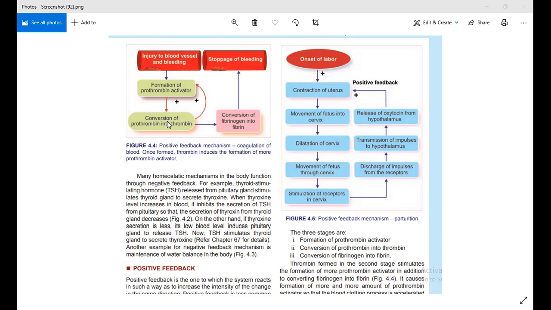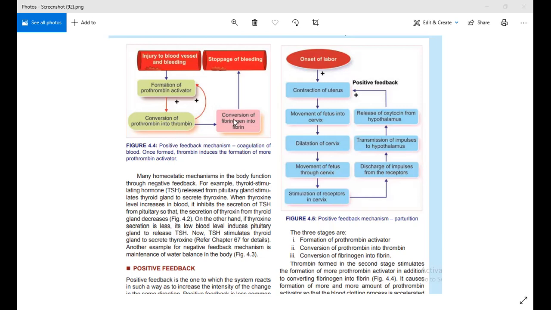So formation of prothrombin activator leads to conversion of prothrombin into thrombin, and this conversion again activates the formation of prothrombin activator, and then conversion of prothrombin into thrombin, another activation of prothrombin activator, conversion of prothrombin into thrombin. So the process continues. Why? Because all of this process leads to the formation of this fibrin. So the reason why conversion of prothrombin into thrombin activates prothrombin activator again is so that more thrombin will be formed.